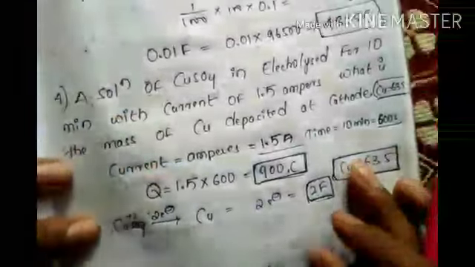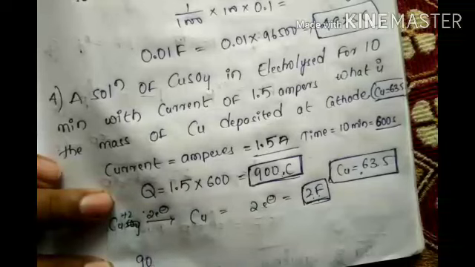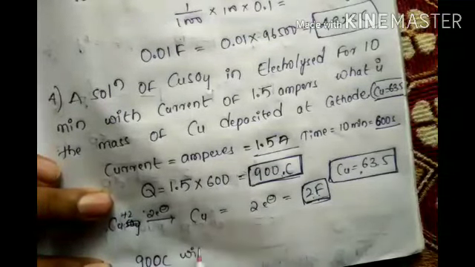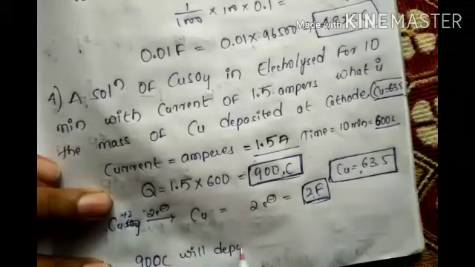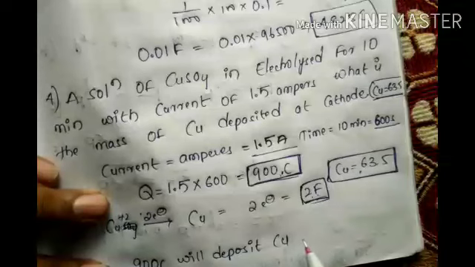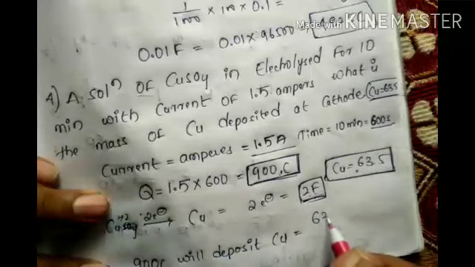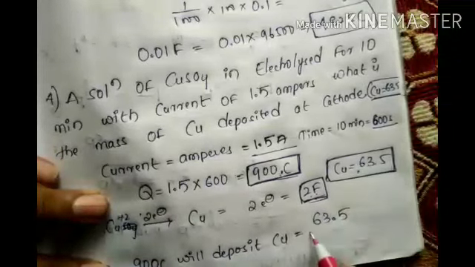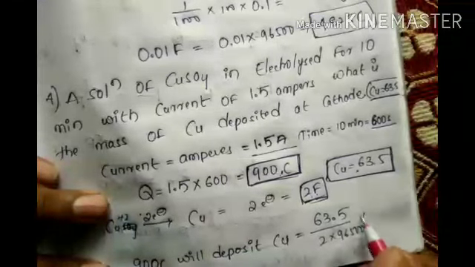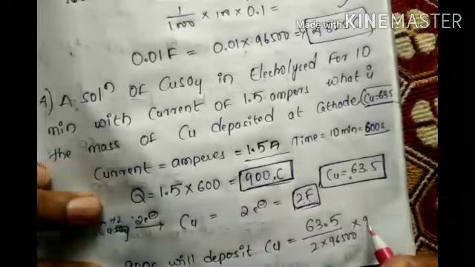Now let's do the problem. 900 coulombs will deposit copper equals 63.5 by 2 into 96500, into 900.